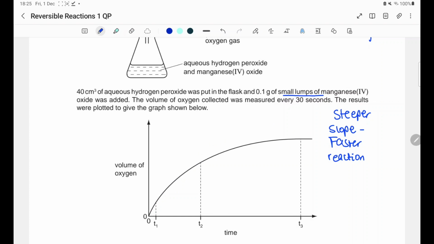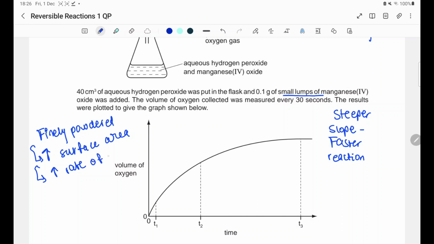Now, since you're using finely powdered, that means your surface area is increasing, which means that your rate of reaction increases, because we learned that increase in surface area increases rate of reaction. And if rate of reaction is increasing, that means that you will have a steeper slope. So let's draw that. Starting from the same point and steeper slope.